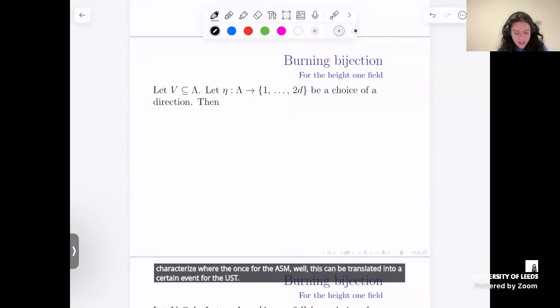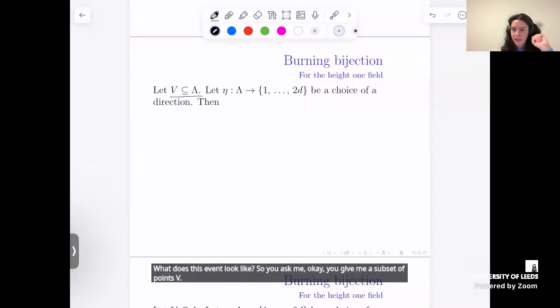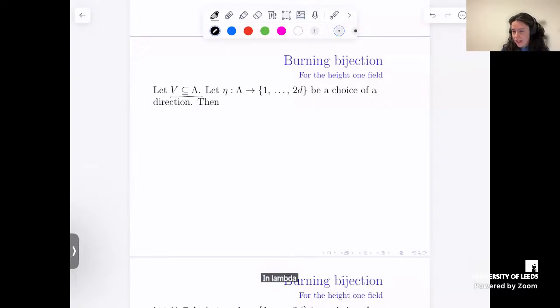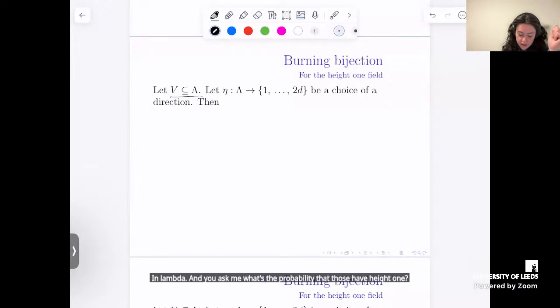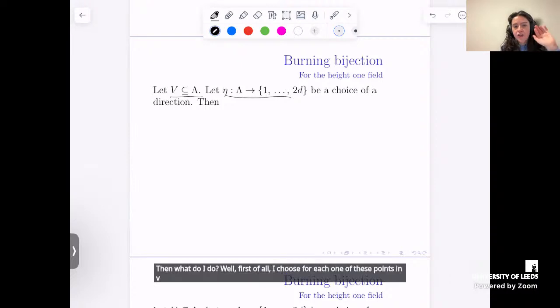What does this event look like? You give me a subset of points V in lambda, and you ask me what's the probability that those have height 1. Then what do I do? Well, first of all, for each one of these points in V, I choose a direction.